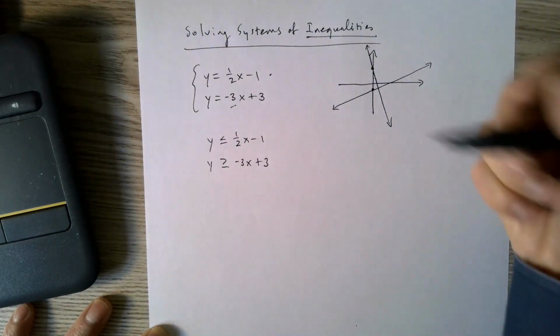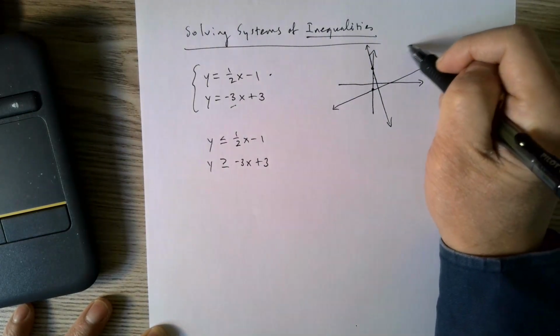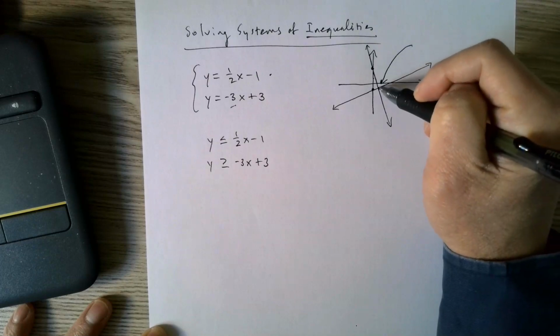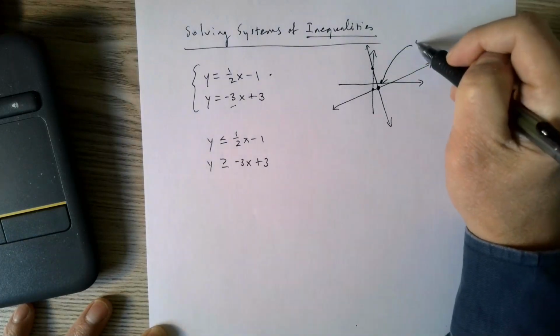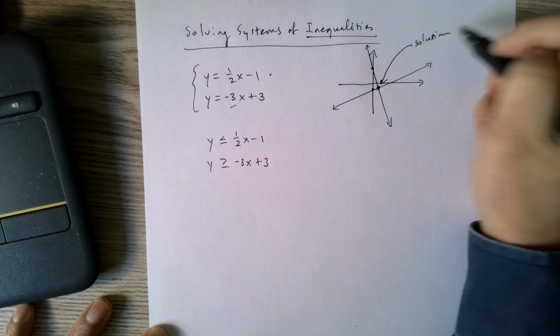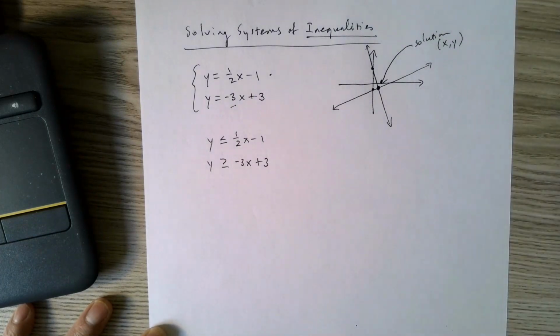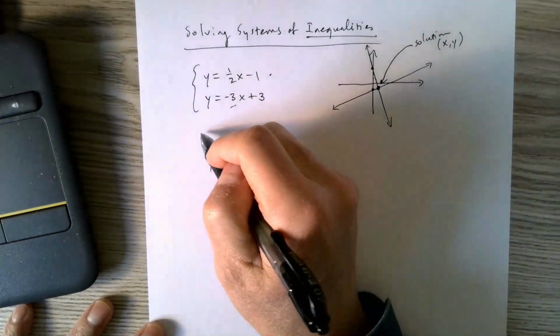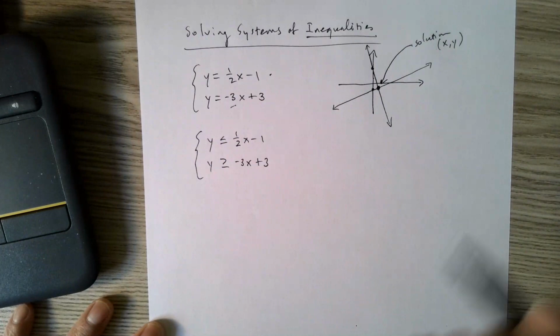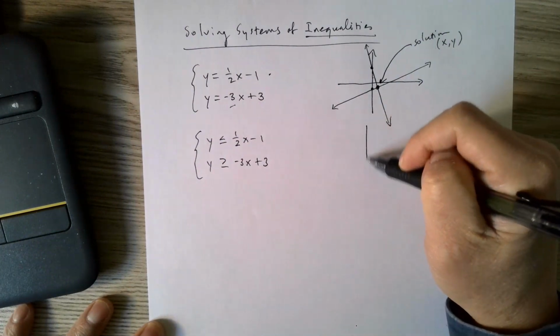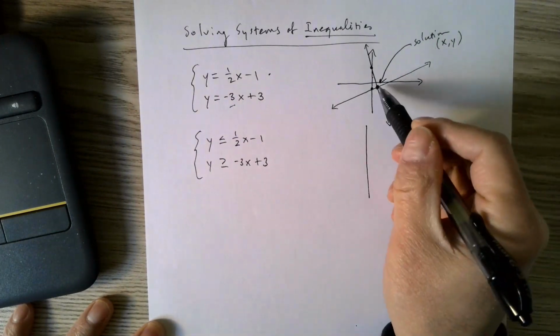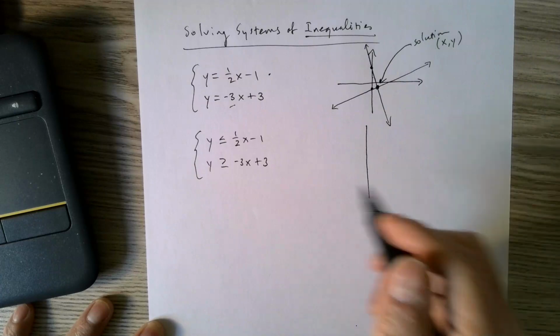So in a system of equations, the solution is, as you know, the point of intersection. That is the solution. It's going to be an ordered pair. Now, a system of inequalities has solutions as well, but it's not going to be the point of intersection. It's going to be something else.